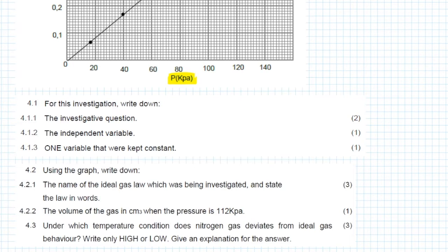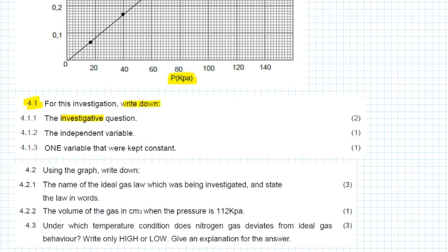Now question 4.1 says, for this investigation, write down the investigative question. In physical science, you're not allowed to write down a question that would give an answer of yes or no, or even just a one-word answer.